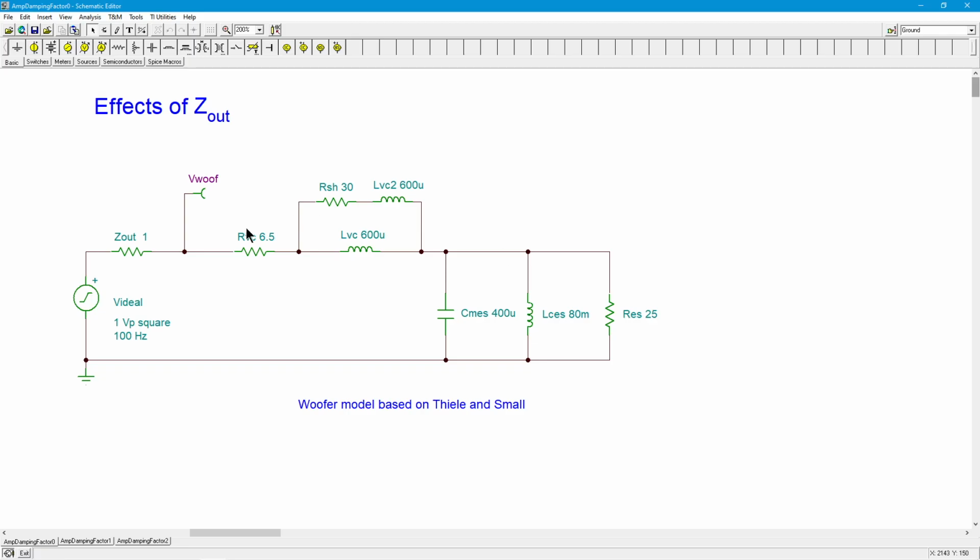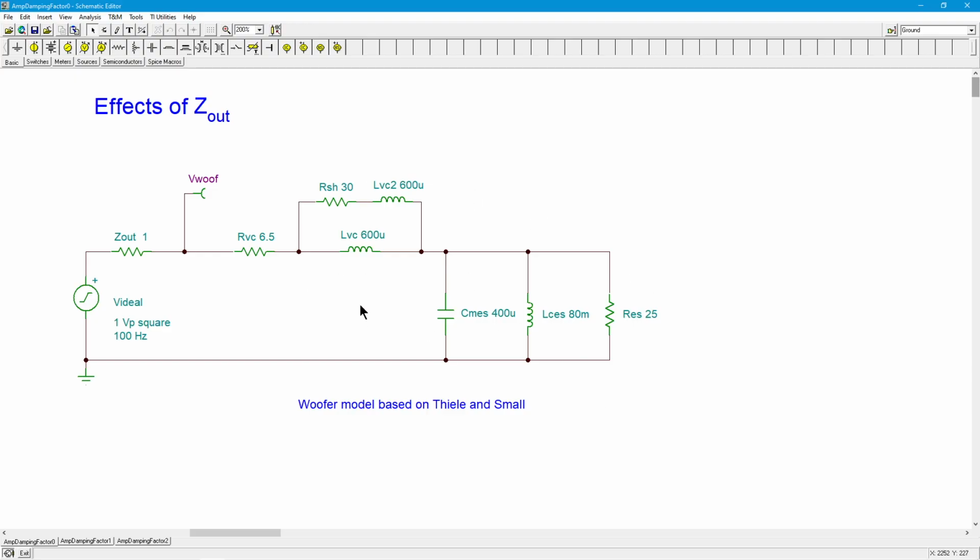Well, if you've seen my other videos on loudspeakers, that's not the case. That impedance could be 4 ohms at DC, 30 ohms at the resonant frequency, drop back down to maybe 4 or 5 ohms, and then start increasing so that it's 10, 15, 20, 25 ohms at high frequencies. So this is a really dynamic system.